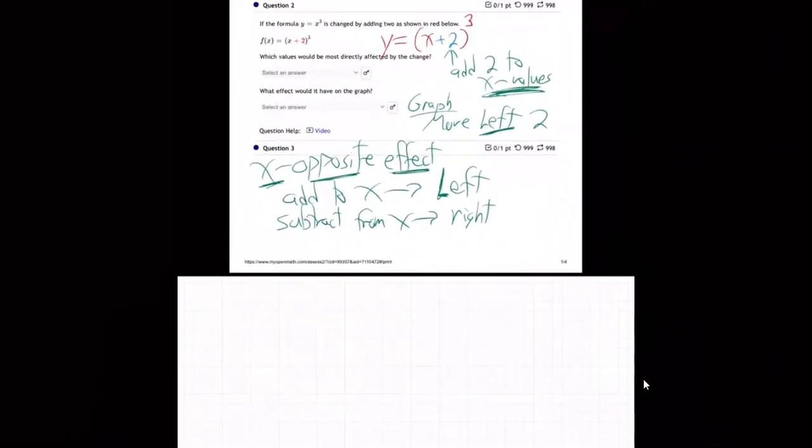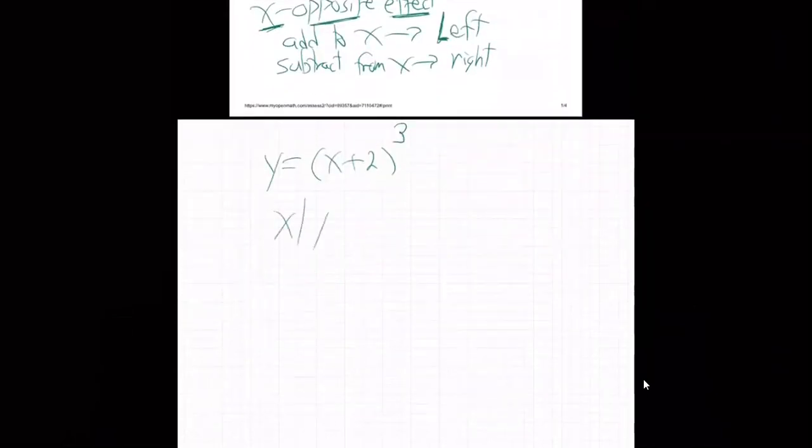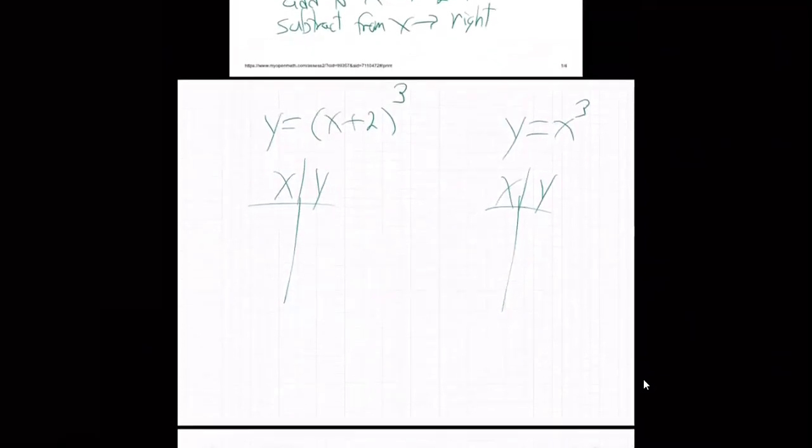So if you take this function, x plus 2 cubed, and let's compare it to just the normal x cubed, right? We know the graph for the normal x cubed. The normal x cubed graph does its snake thing.